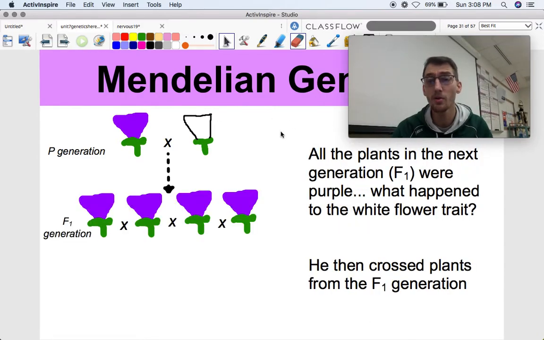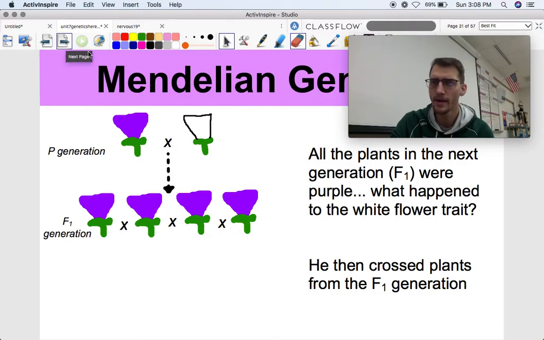When Mendel crossed these two plants, 100% of their offspring in what we call the F1 generation, their kids, were purple. None of them had white flowers. They were all purple. So he was wondering, why are they all purple?